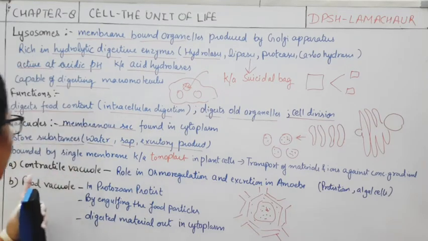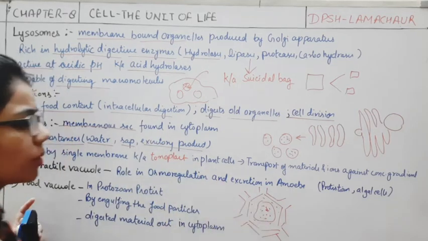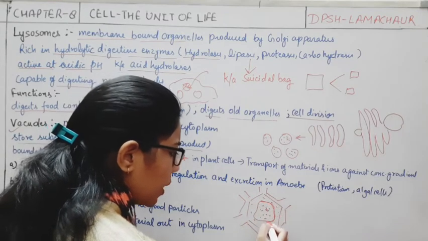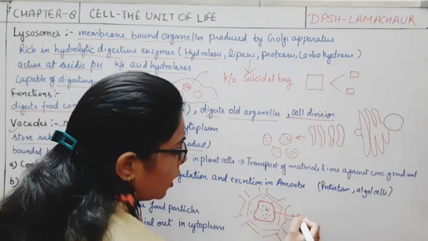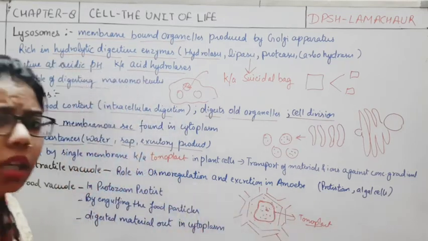Right, so we can say that the vacuole is present, and in this vacuole some structure is present, and the outer membrane of this vacuole is known as what? Tonoplast. The outer part is known as the tonoplast.